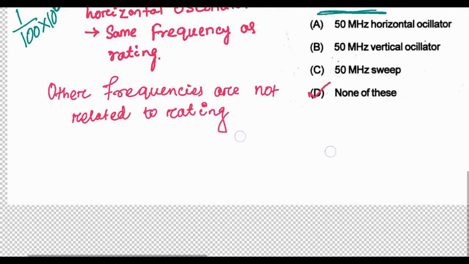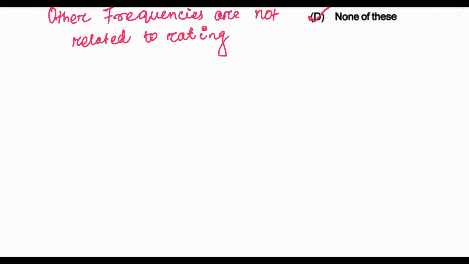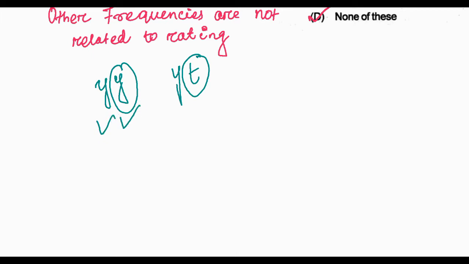For a CRO there are two modes: one is XY mode, another is YT mode, where the second term represents the time axis. In XY mode we give two signals to the two terminals, and it compares x and y and plots the result.